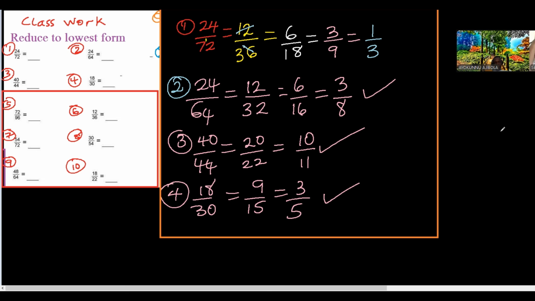So question number 1 says 24 over 72. So you divide it, and then your answer is 12 over 36. And then you divide again, and you get 6 over 18. Then again, you get 3 over 9.